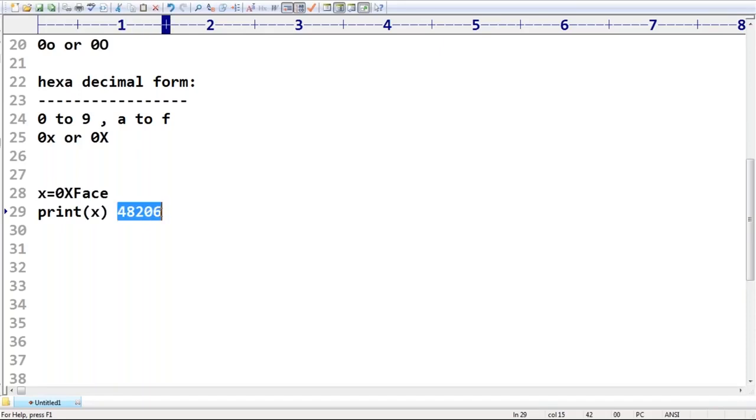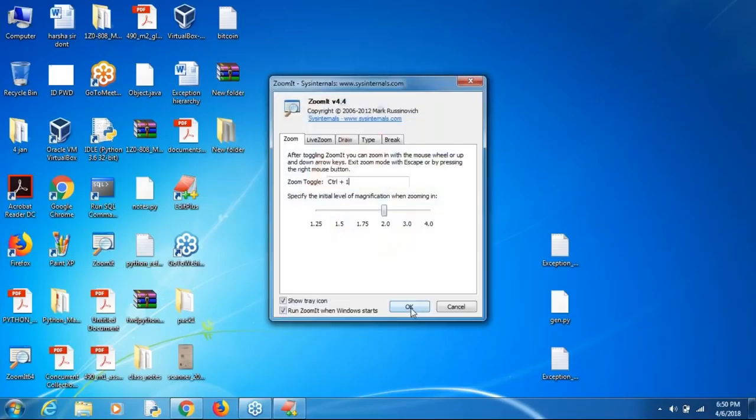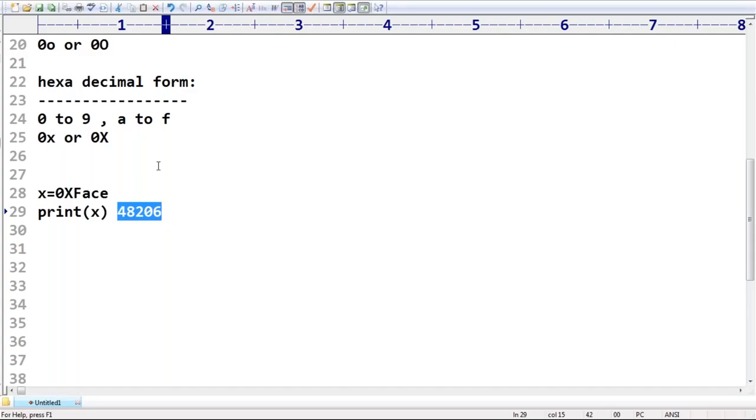This value is always in decimal form only. Python always provides the value in decimal form only.